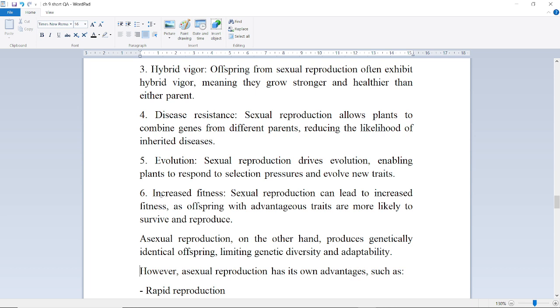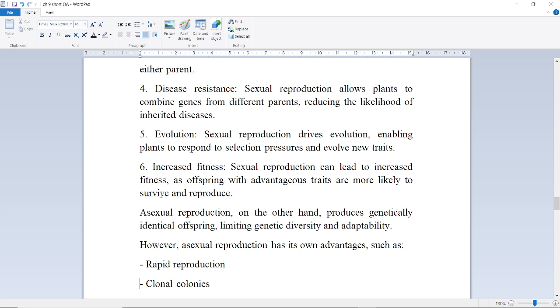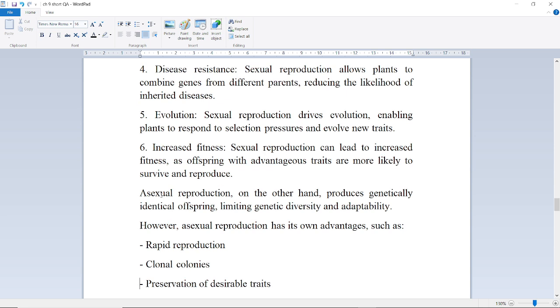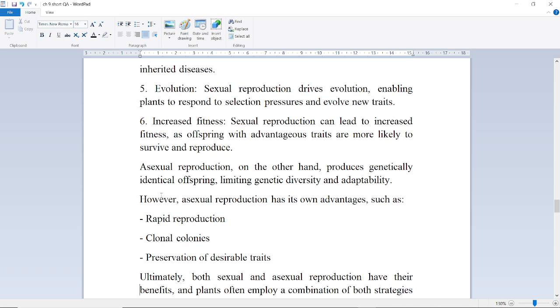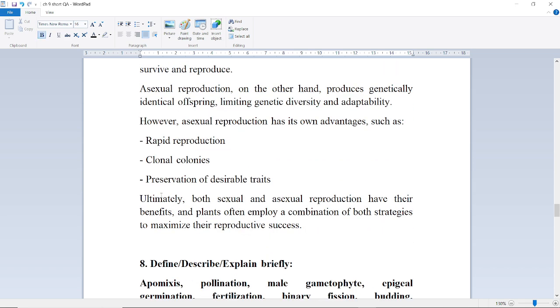However, asexual reproduction has its own advantages, such as rapid reproduction, colonies, preservation of desirable traits. Ultimately, both sexual and asexual reproduction have their own benefits, and plants employ a combination of both strategies to maximize their reproductive success.